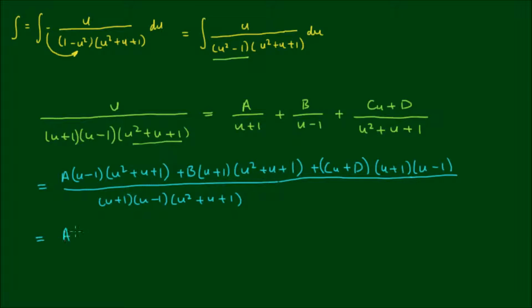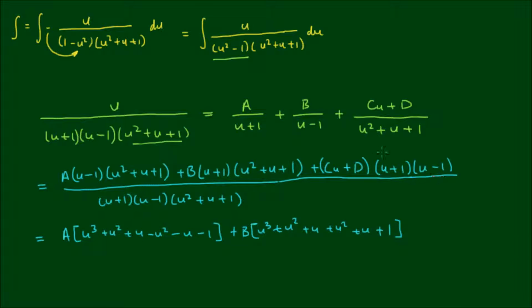If I leave the constant at the front, I will get u cubed plus u squared plus u minus u squared minus u minus 1 plus b by u cubed plus u squared plus u squared plus u plus 1.